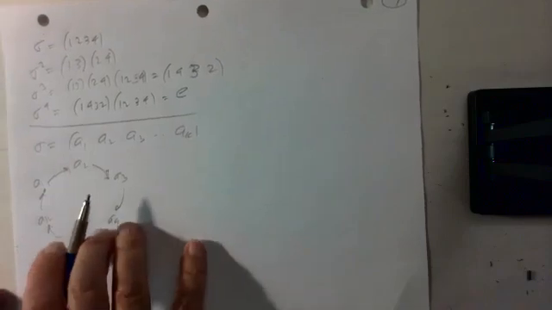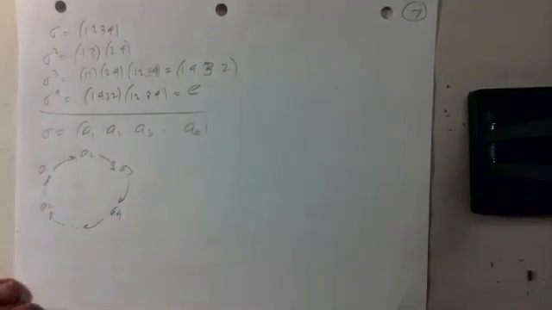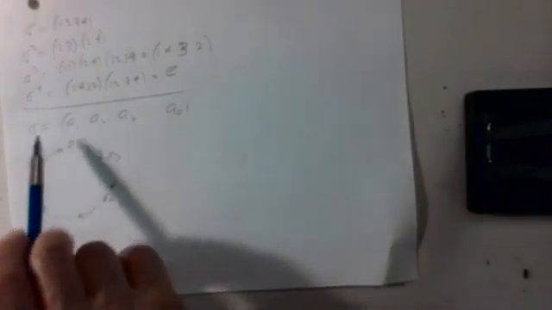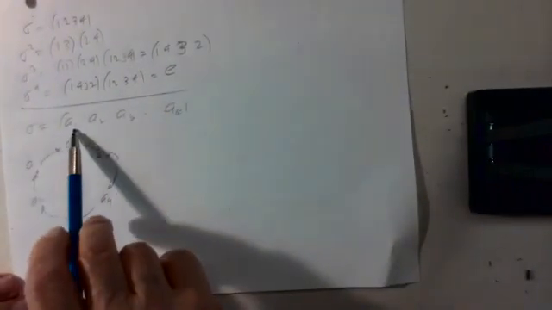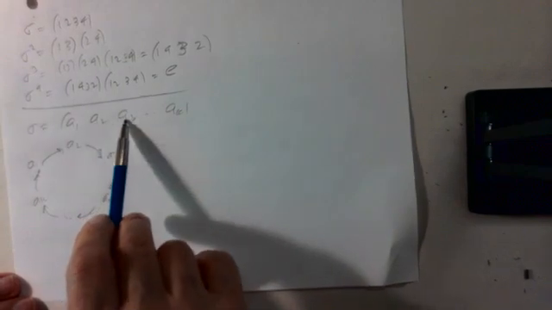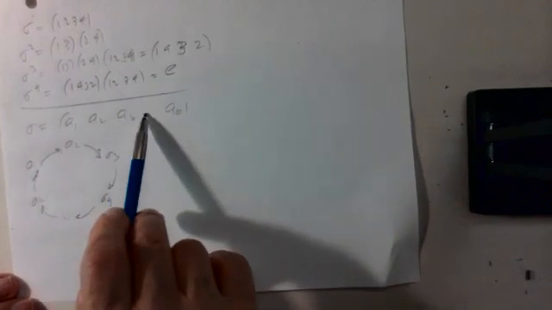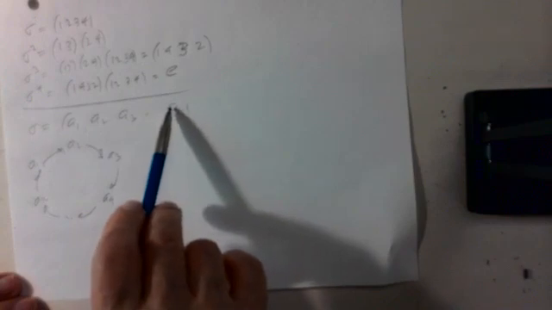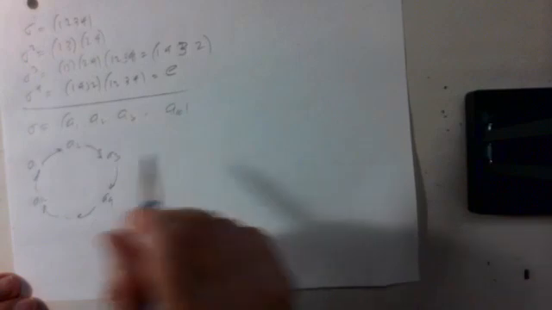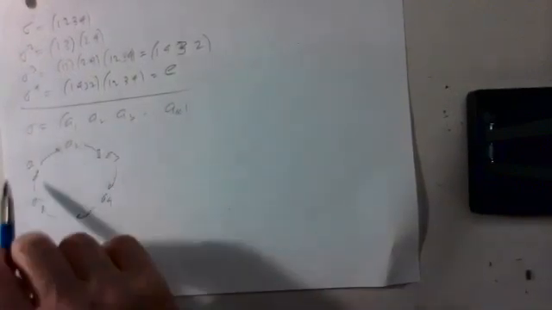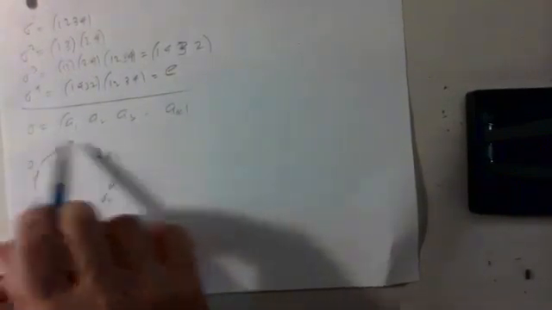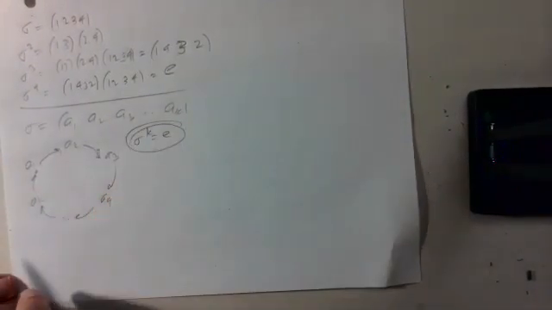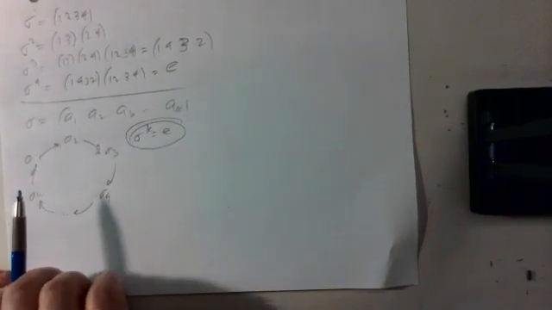If you repeat this k times, once takes you to A2, twice takes you to A3, three times takes you to A4, k minus 1 times takes you to Ak, and k times takes you back to A1. You're just going around this cycle of length k, taking k steps. Sigma to the k is always the identity for any cycle of length k.